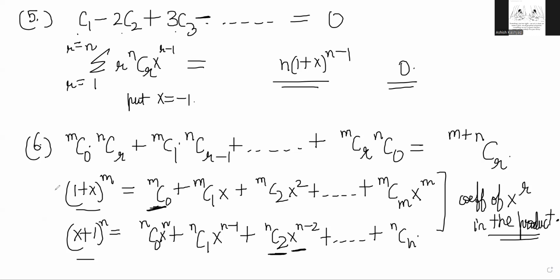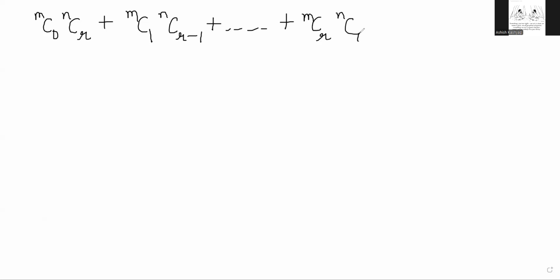So basically, another way to think about it, this is what we needed, right? So nCr minus 1 and so on till mCr nC0.